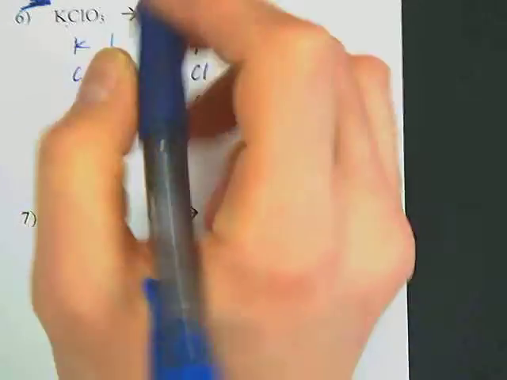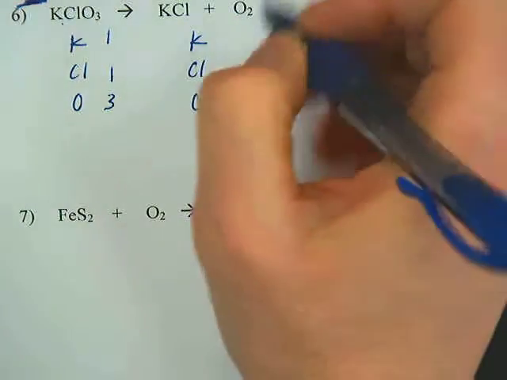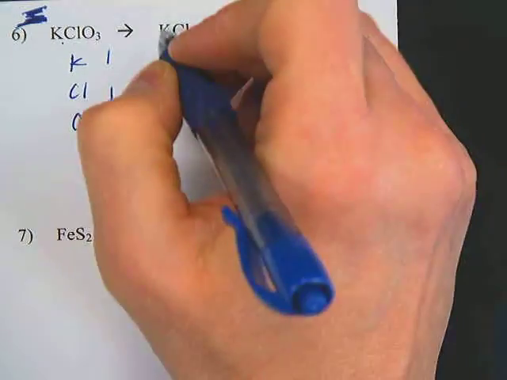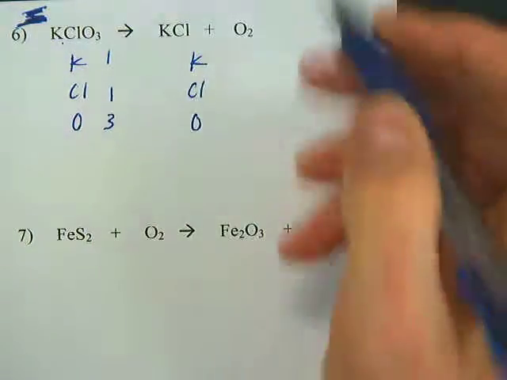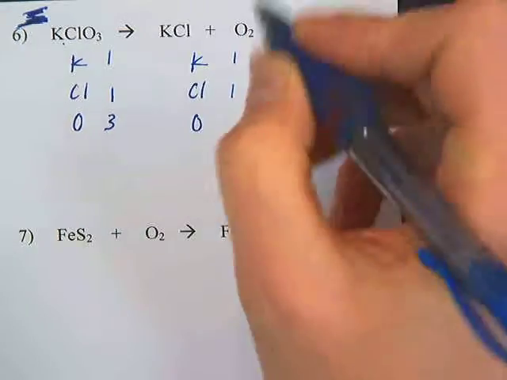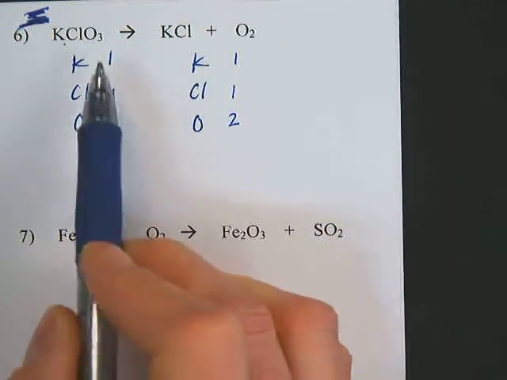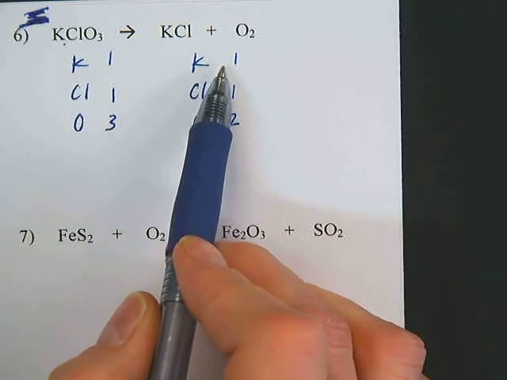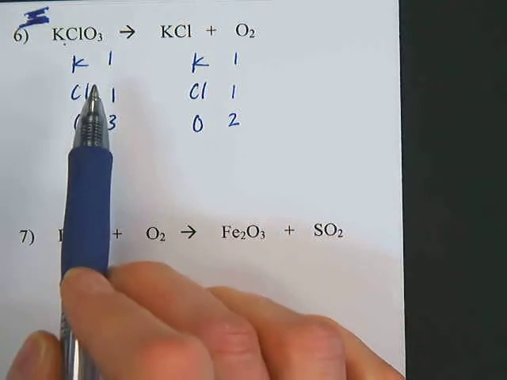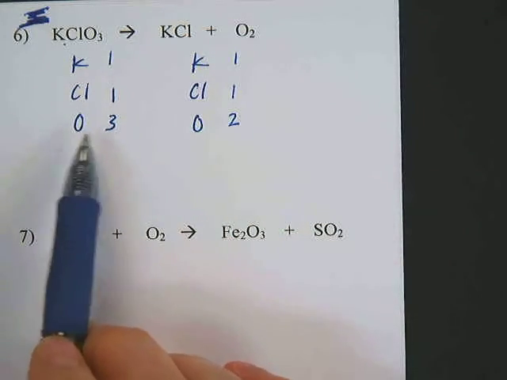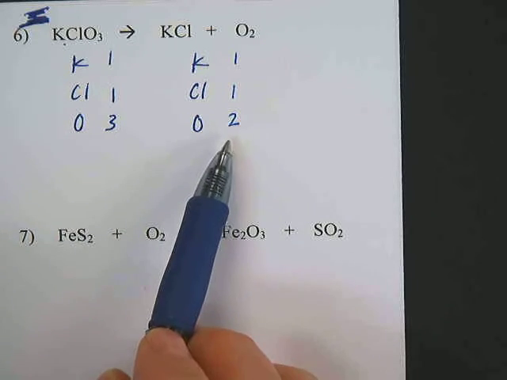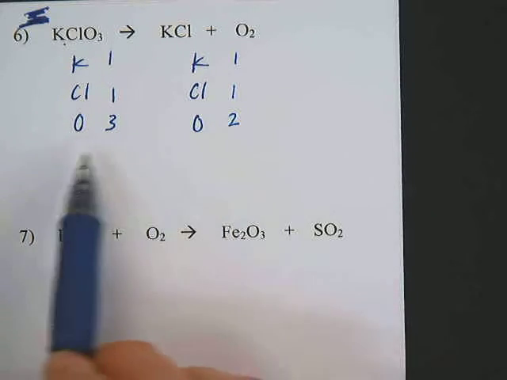On the reactant side, again, there's no subscript for either potassium or chlorine, so there's 1 of each of those, and then there's 3 oxygens. On the product side, we have no subscript for K or Cl, so 1 of each of those, and 2 oxygens. So you'll notice with this one, the potassiums, the Ks, are already balanced, and so are the chlorines, the Cls.